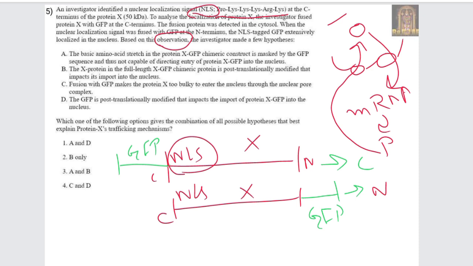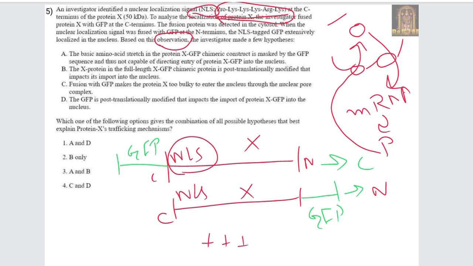And only proteins having this specific sequence, the NLS, can go inside. If you see its structure, this sequence is full of basic amino acids. So how does it work? At physiological pH, these basic amino acids carry a positive charge.